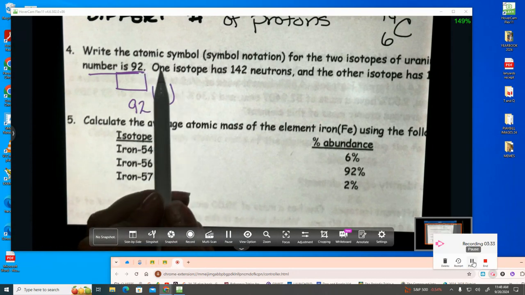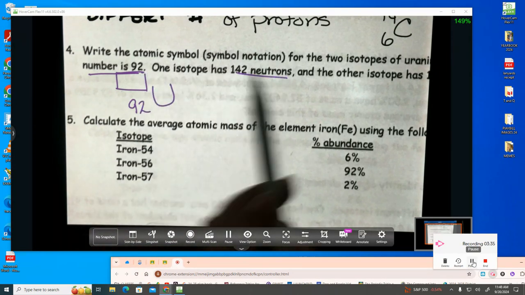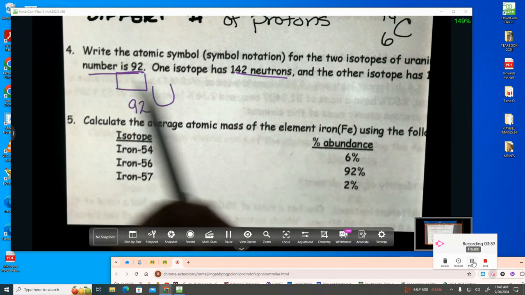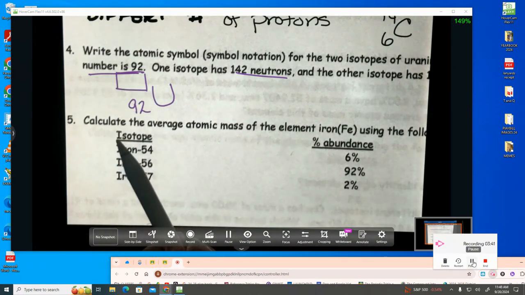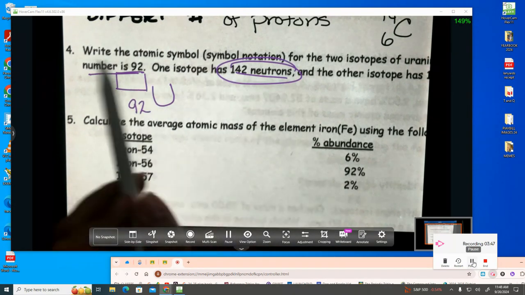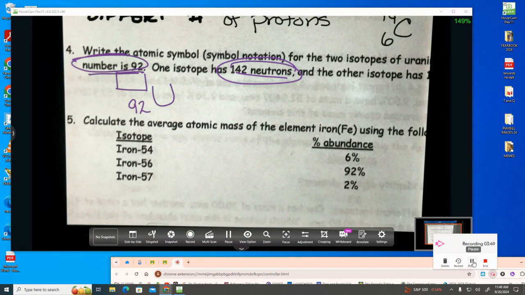Okay. It tells you one isotope has 142 neutrons. How do I find this mass number up here? Michelle, do you know how to find this mass number? If they gave you neutrons and they told you the protons was 92, what are you going to do with those two numbers? Add them together.